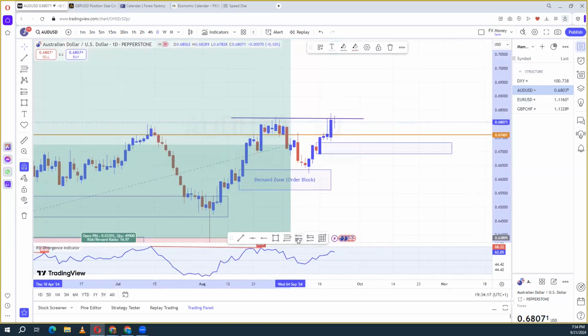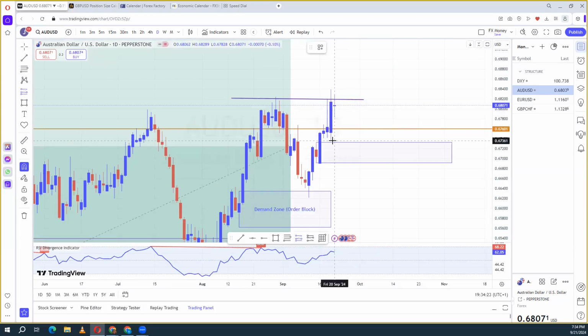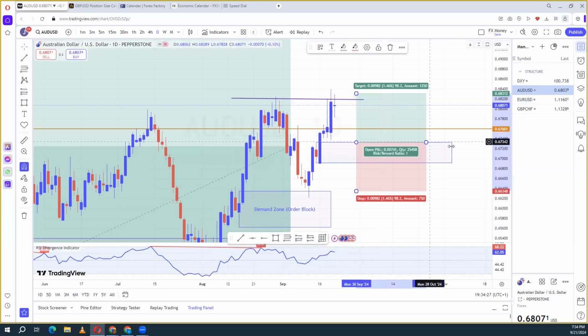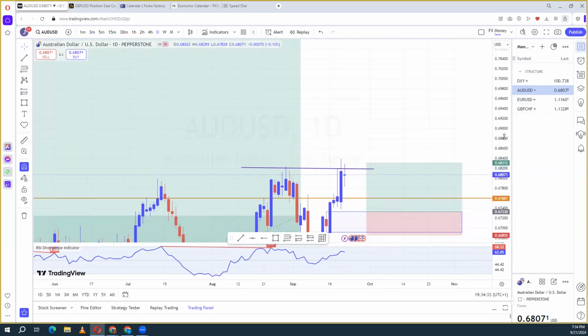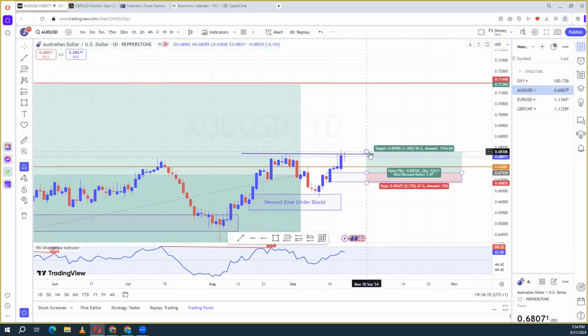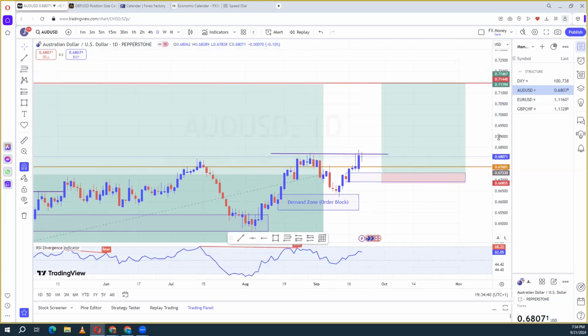So you can all watch out for it. After it has broken it completely, it will use this as an inducement and come for this area. You can give it a little bit of space, and your overall target will be that weak high. It's as simple as that.